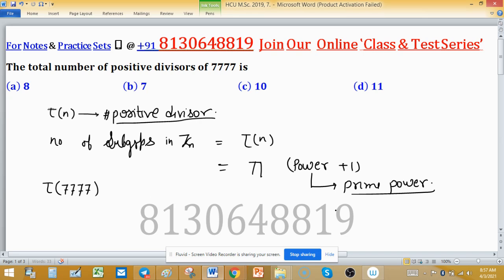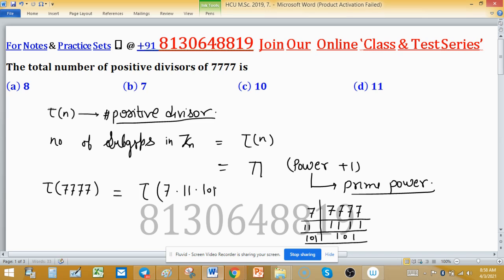First do the prime factorization of 7777: first divide by 7, then by 11, leaving 101. So the prime factorization is 7 into 11 into 101.